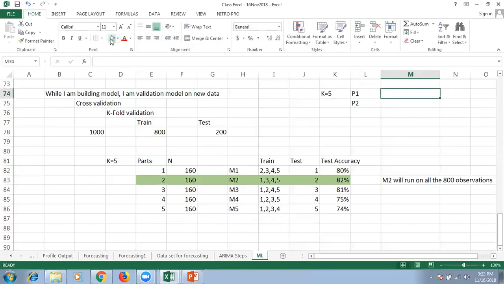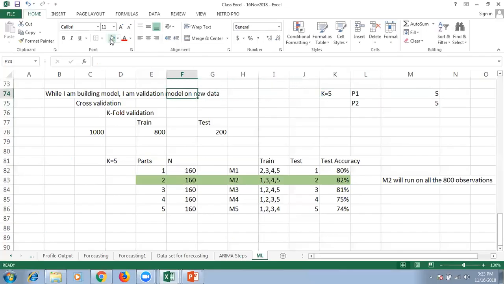For parameter 1, you have 5 grid values, and for parameter 2 also 5 grid values. How many models are possible? 5 into 5, because the combinations are 25. Each model will do that process how many times? 5 times. So that means 125 models will be built. Are you able to follow me?